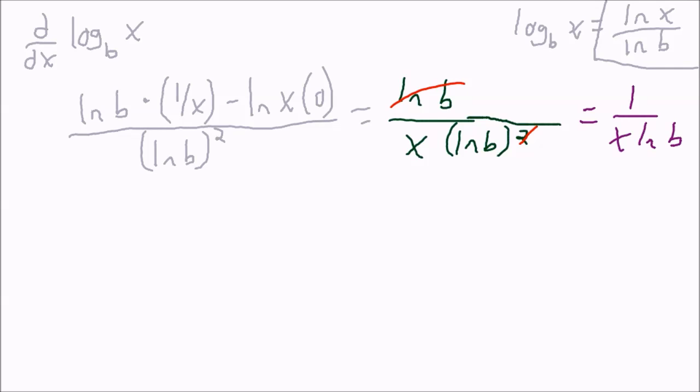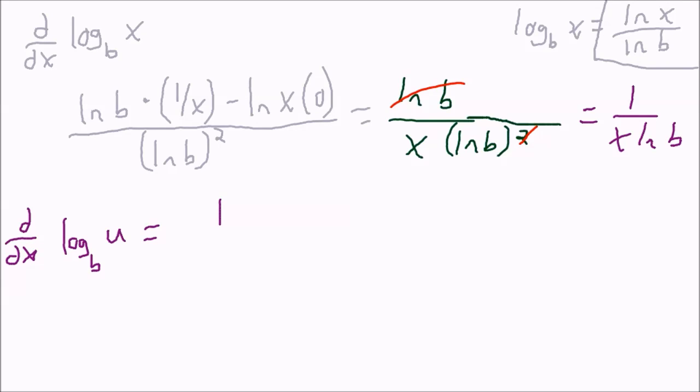Alright, so that's the case if this was log base b of x, but what if I had not just x, but log base b of some function of x, let's call it u. Now when I take this derivative in terms of x, it's going to be very similar, but a little different.